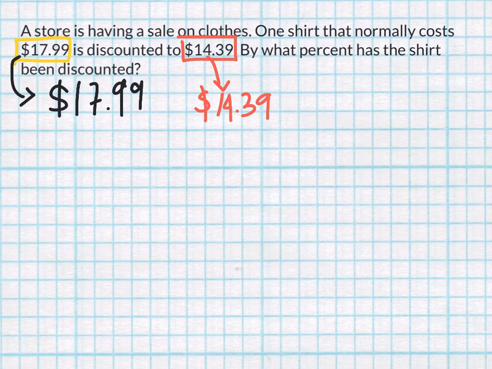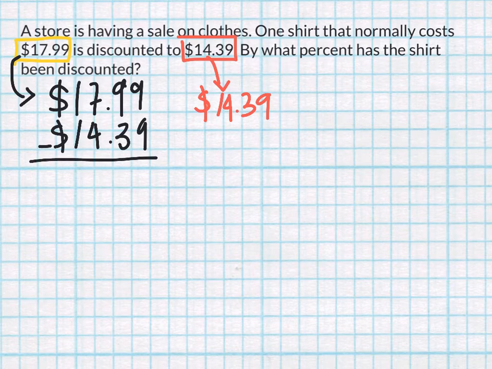So I'm going to subtract again. I'm going to do $17.99 minus $14.39. 0, 9 minus 3 is 6, 7 minus 4 is 3, 1 minus 1 is 0. So $3.60 were taken off of the original price.